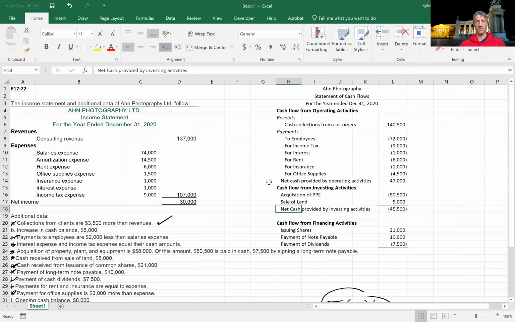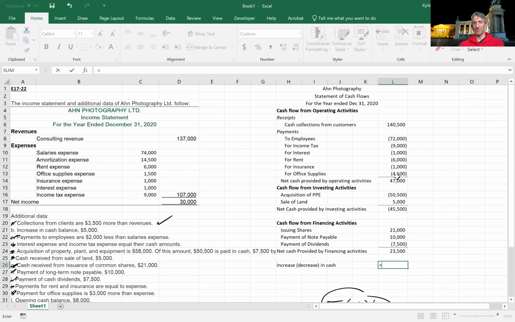And net cash provided by financing activities. Sum this up. And then I'm going to do an overall increase or decrease. Remember, decreases or negative amounts are represented in parentheses on a financial statement. So increase or decrease, if this number is negative, it'll be represented in parentheses here in cash. I'm just going to add up the three subtotals here and we'll see what happens.